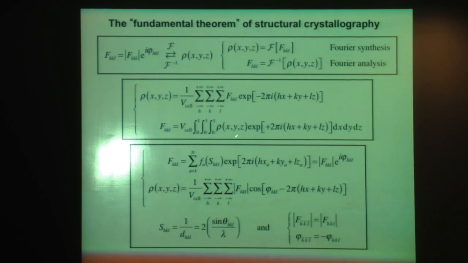We can replace the continuous electron density distribution in the unit cell by this set of structure factors, one for each atom, right?